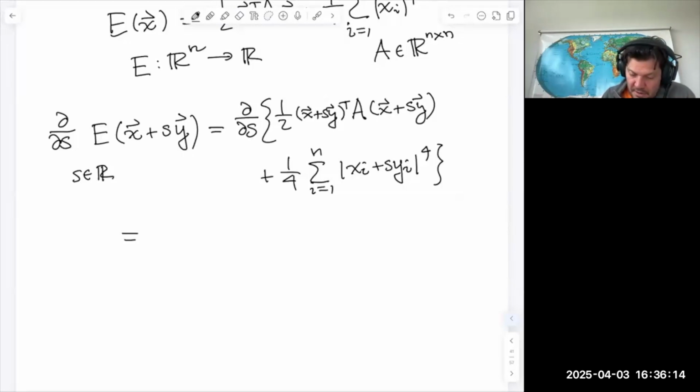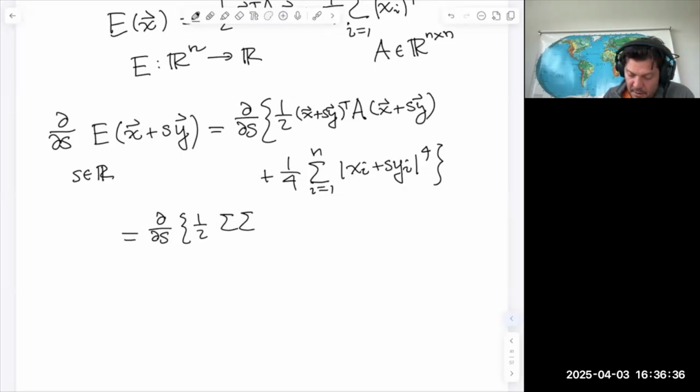Well, how do we do this? We could write this object as a double sum, so let's do that before we get into that derivative. That could be useful for us.